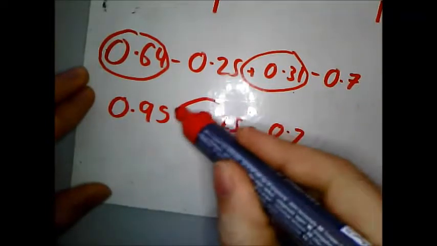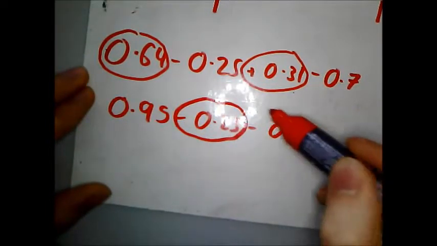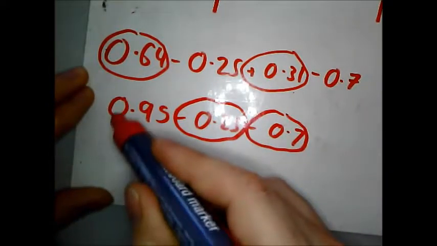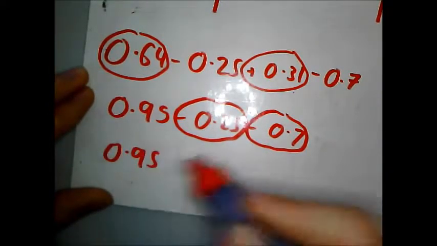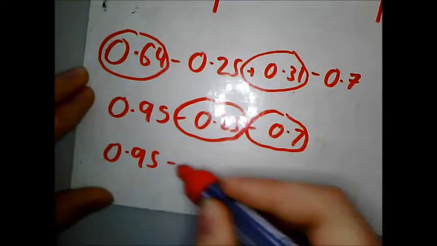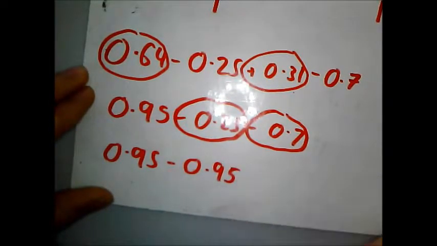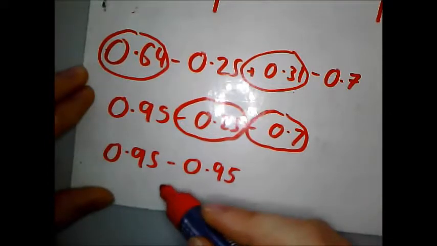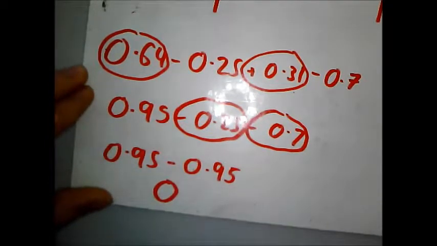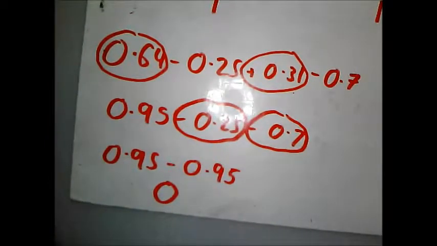Then I'm going to combine this negative 0.25 and this negative 0.7. I'm still going to have my 0.95 here, and those combine to give me negative 0.95. And then finally, those combine to give me 0. That's question 1 done.